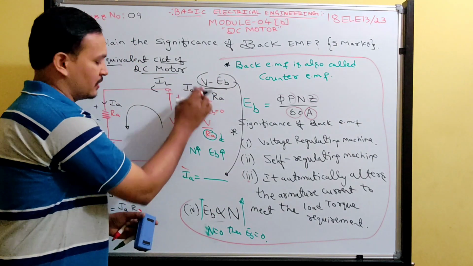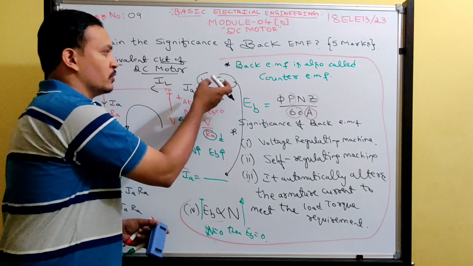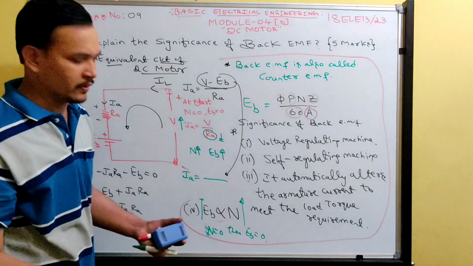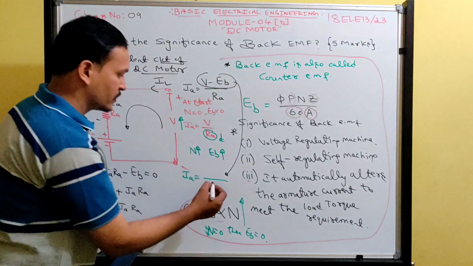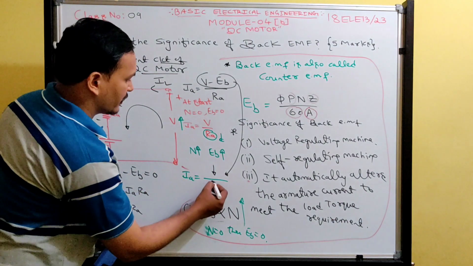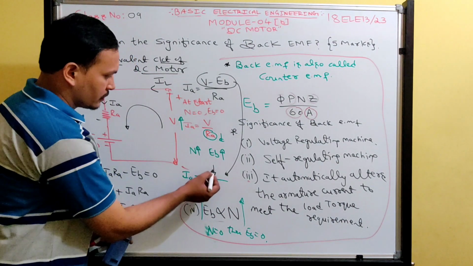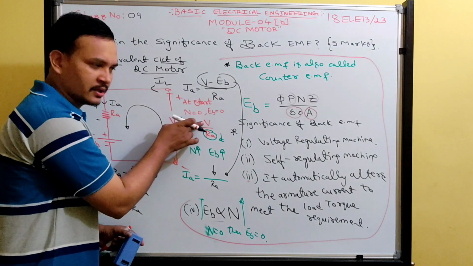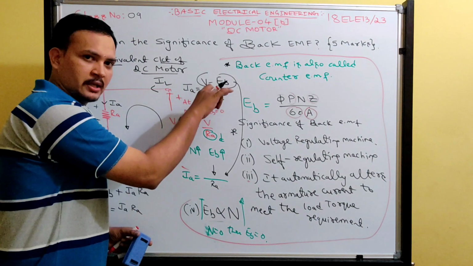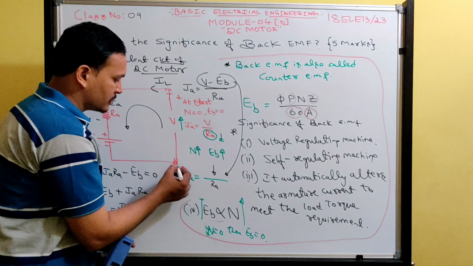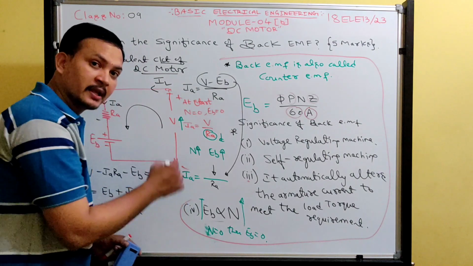Suppose it is 220 and as speed increases you may get 100 volts, so 220 minus 100 is 120 volts. The numerator gets reduced. Earlier, for a fixed resistance, it had only the supply voltage. Now back EMF is increasing when the armature runs. Therefore, armature current is going to decrease.